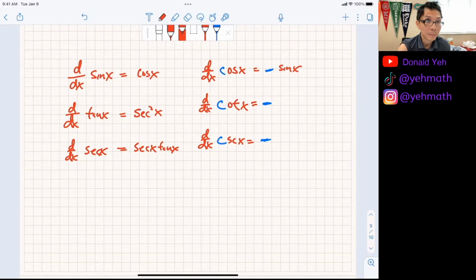Cotan of x. Negative cosecant of what? No, just negative cosecant. There's something more. Just square. Square, yes. They are the same pattern. So do you see the pattern?